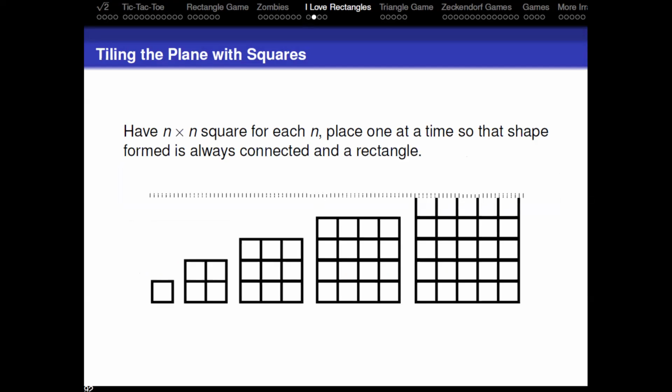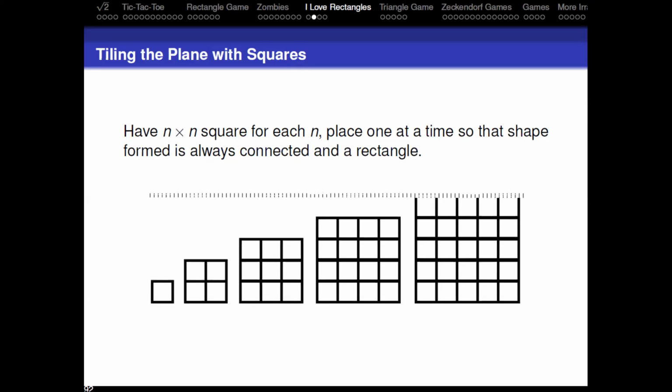Okay. On your turn, you choose one of the squares and you put it down on your table. And then on your next turn, you put another square down on the table, and you want to make sure that you always have a rectangle. So if I start off by putting down a 4 by 4 square, I no longer have any 4 by 4 squares.